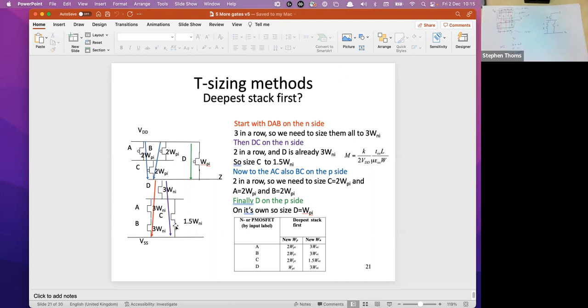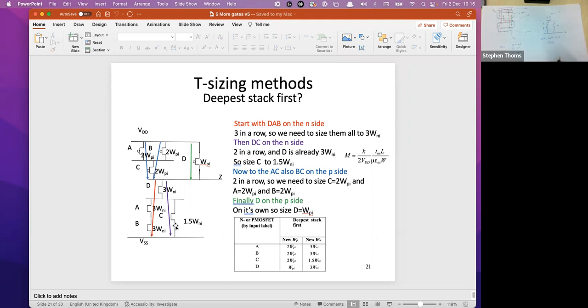Good. Okay, so that was basically the situation. And what we did was we went down this way and we said the stack depth was 3. So because the stack depth was 3, the sizing is 3 WN.